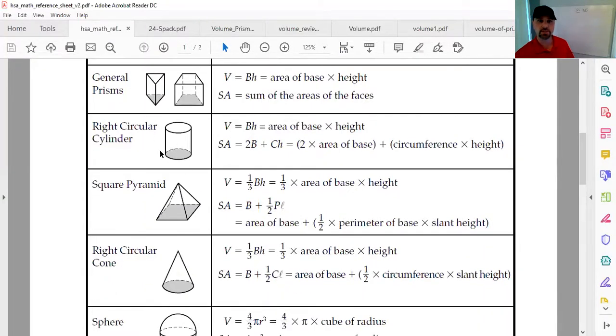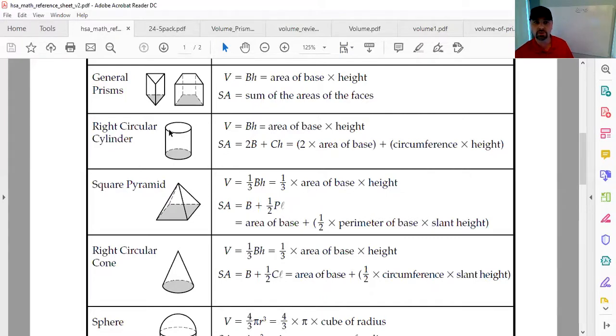Cylinder. This is a big one on the test, I know. Basically, and I'm going to point this out when I come back to my big screen, a cylinder is really just a circle. If you think about a cylinder, on either the top or the bottom, it's a circle that has been dragged down and given some height.